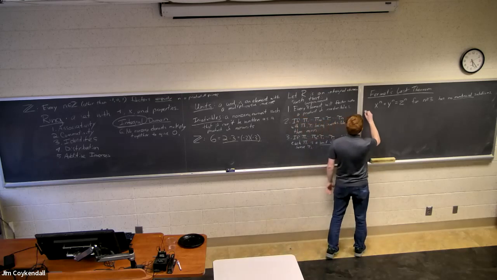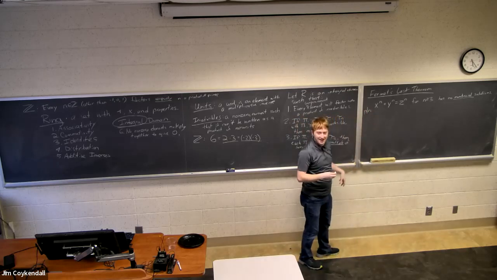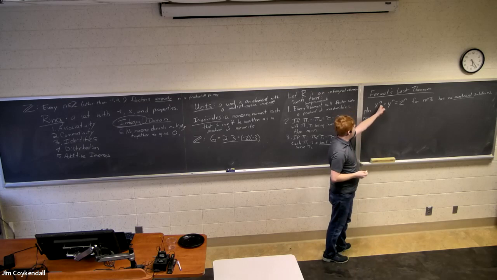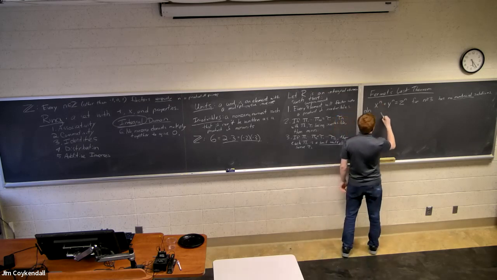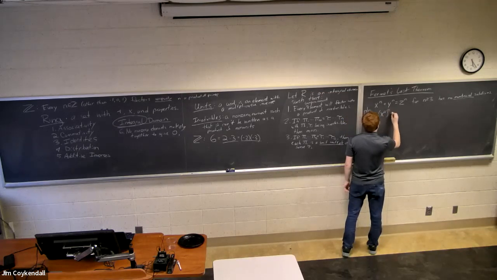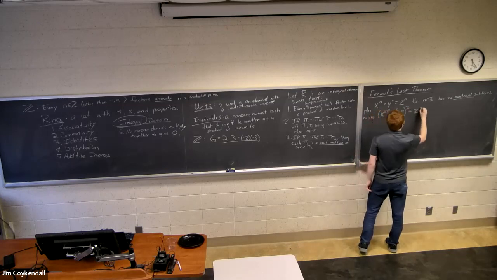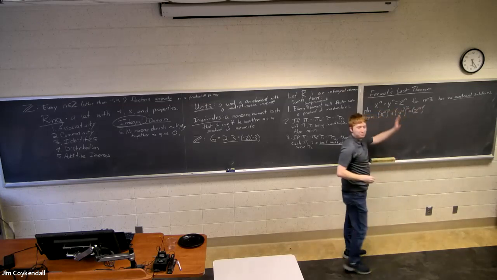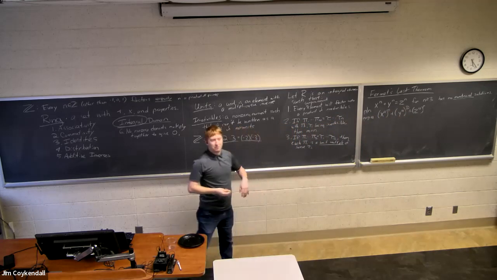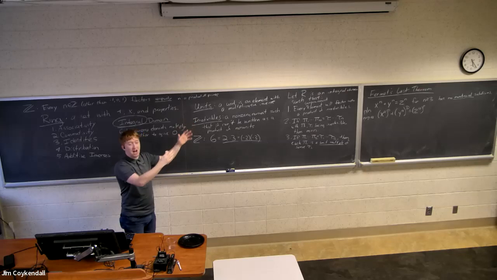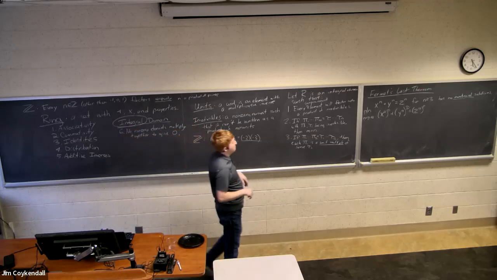Let's say that P is a prime that divides n, so that n is P times A. Well, then if this has a solution, this is a solution for the same problem, but for P. So if we show that it has no solutions for primes, then we don't even have to worry about the general case.